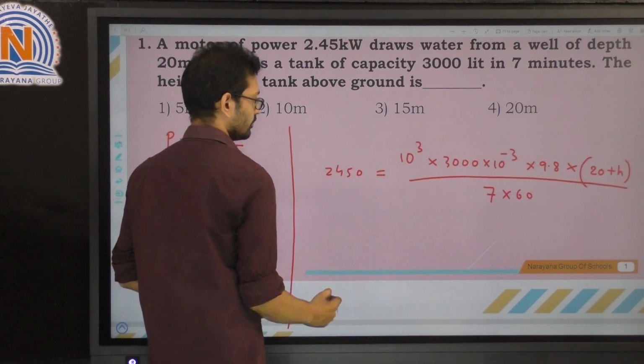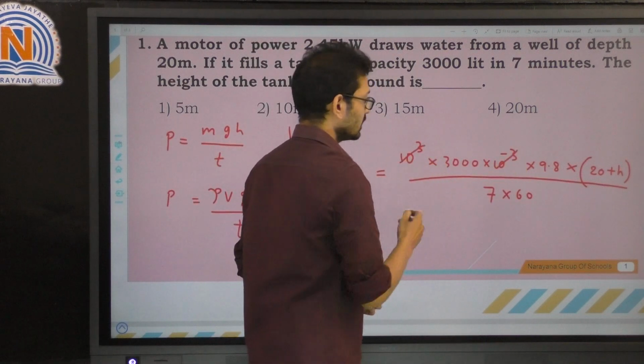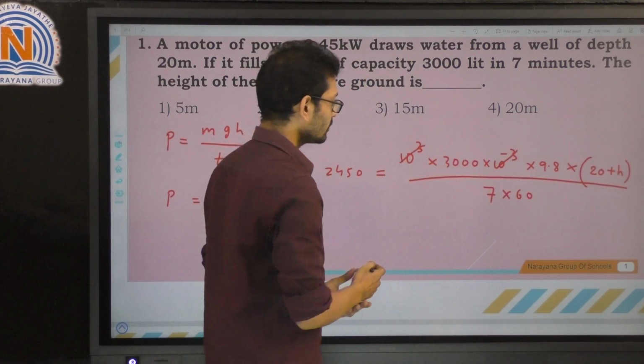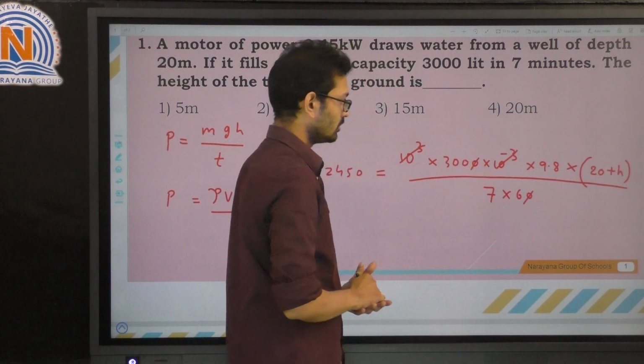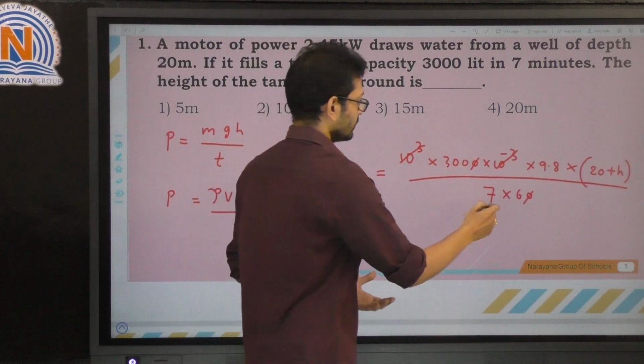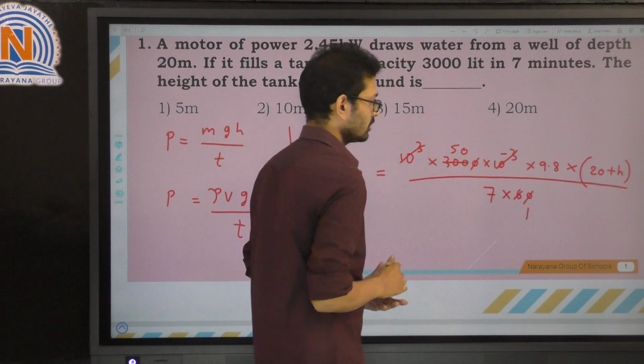2450 is equal to, now from here we can cancel 10 power minus 3 and 10 power 3, and zeros. 6 ones are 6, 50s are 50.